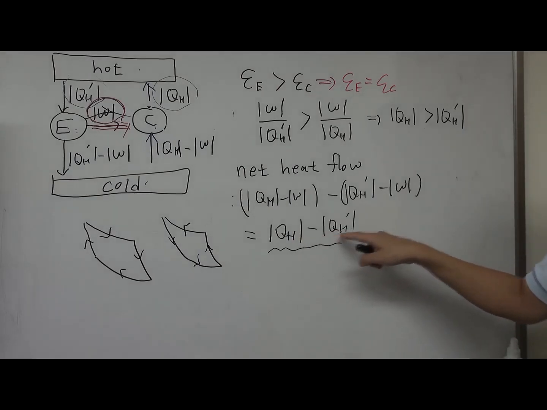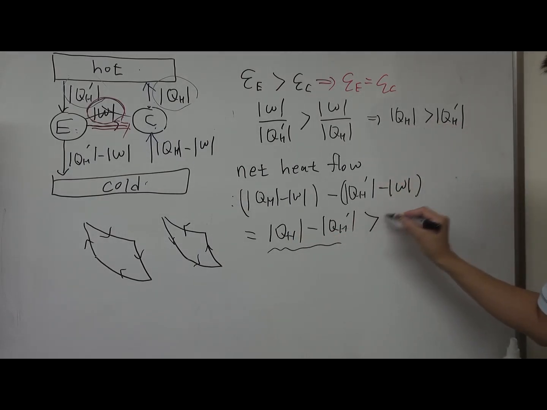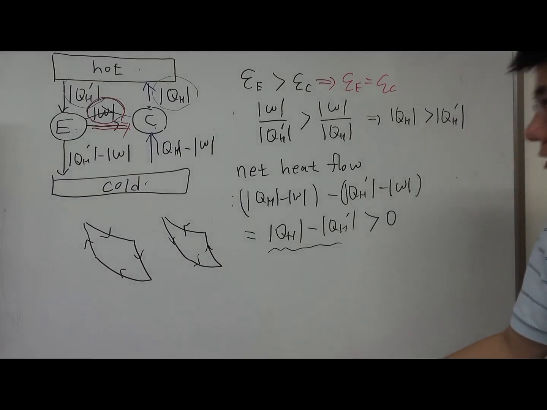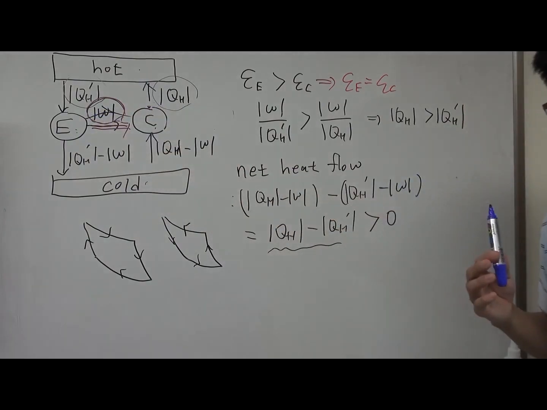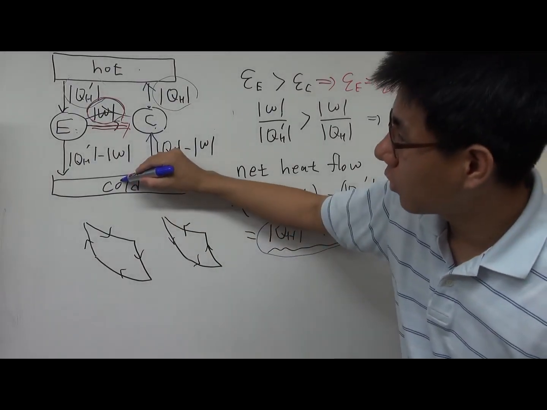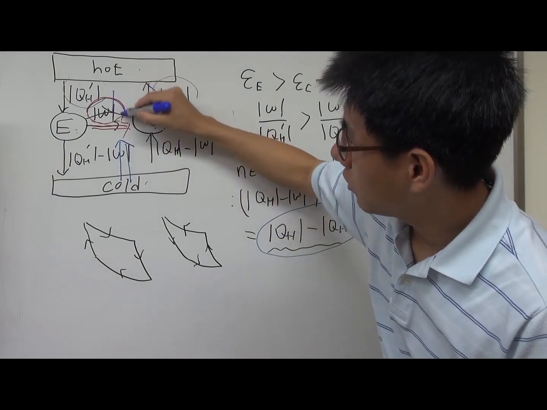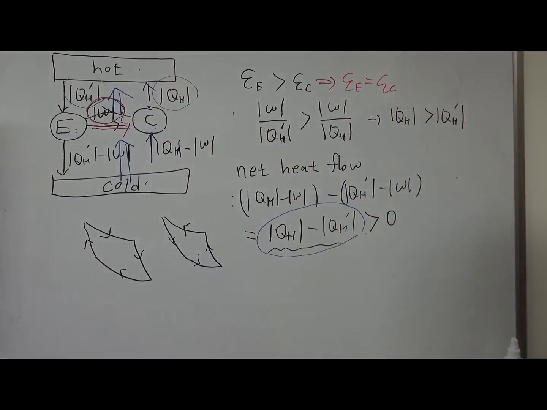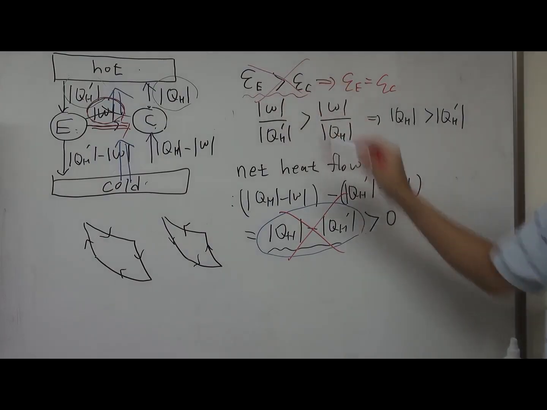And since QH is larger than QH prime, this is positive. So we combined two engines together, and what these engines do is flow this amount of heat from the cold reservoir to the hot reservoir. This is wrong, right? According to the second law of thermodynamics by Clausius. So the original assumption is wrong.